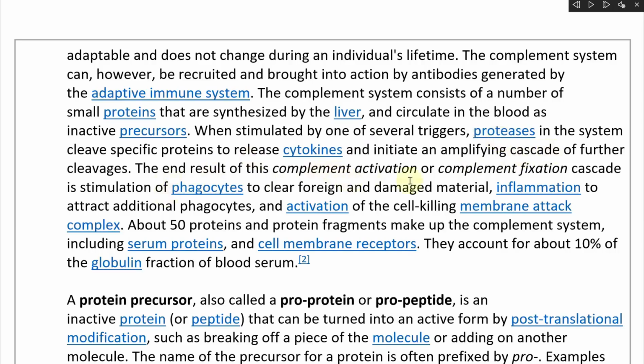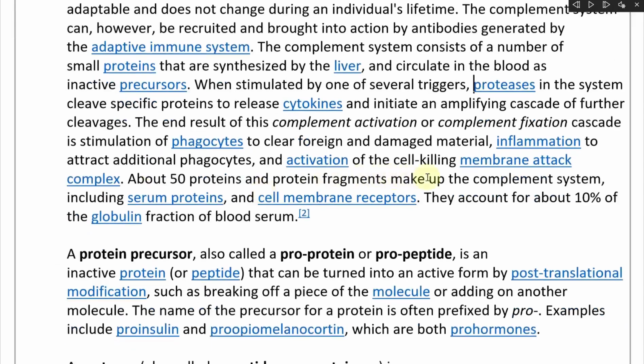The end result of this complement activation or complement fixation cascade is stimulation of phagocytes to clear foreign and damaging materials, inflammation to attract additional phagocytes, and activation of the cell-killing membrane attack complex. About 50 proteins and protein fragments make up the complement system, including serum proteins and cell membrane receptors. They account for about 10% of the globulin fraction of blood serum.